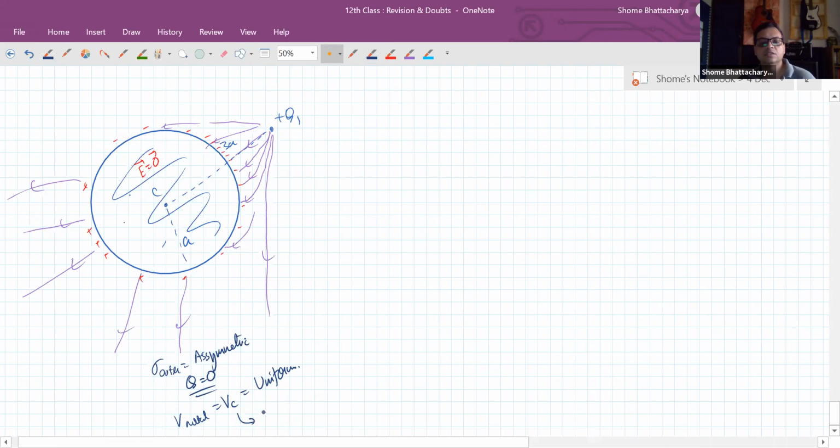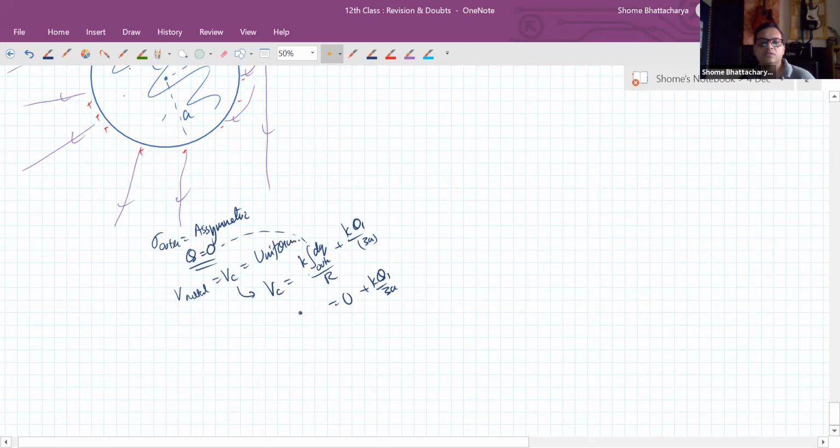So here, this is easy to calculate. The potential at the center, you can see, is K into the summation of Q on the outer surface divided by the radius, plus K Q1 divided by the distance, which is 3a. Now this first term, because the net charge is 0, is going to be 0. So it is going to be plus K Q1 divided by 3a.